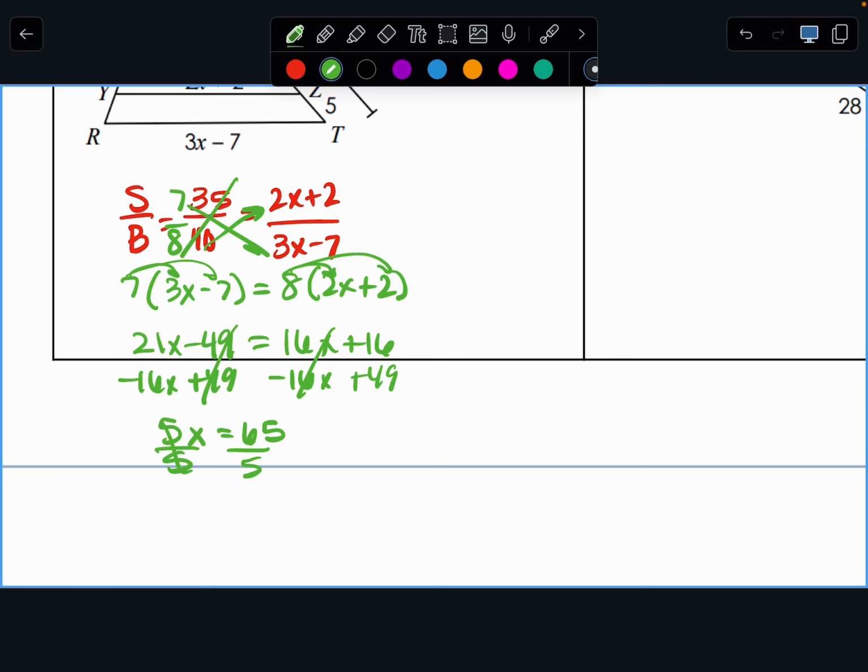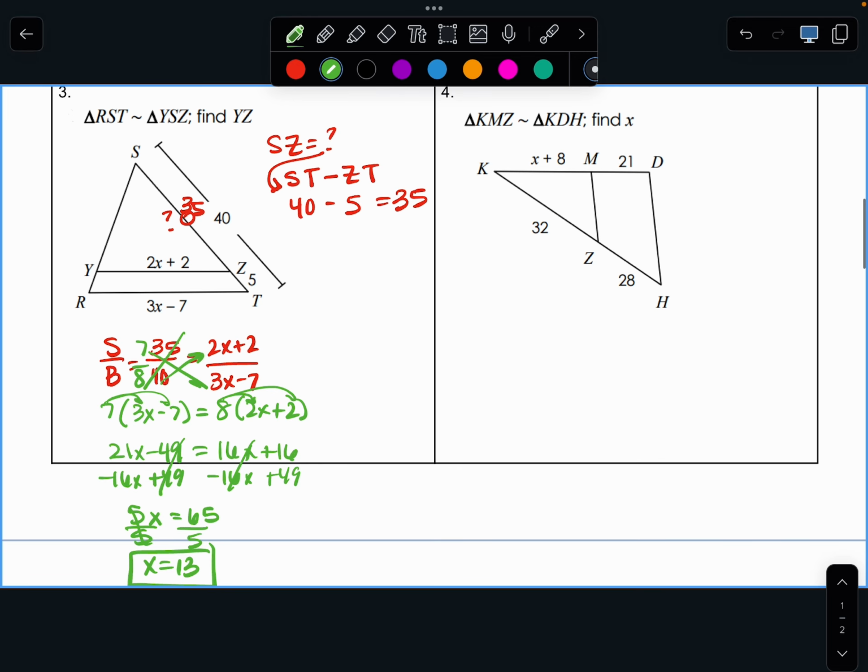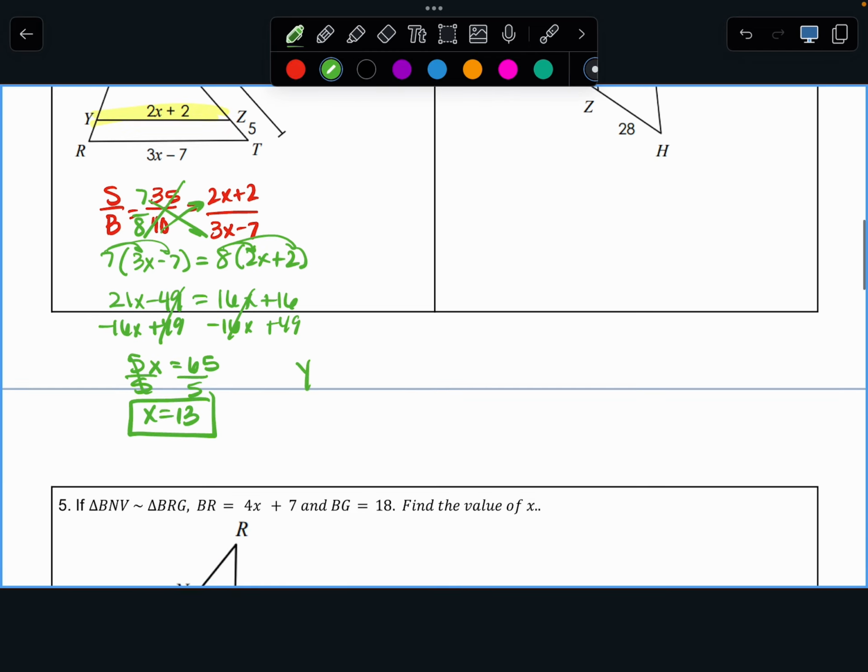Divide by 5, x is 13. Now, is that all I ask you to find? No, I ask you to find YZ. And YZ is 2x plus 2. So YZ equals 2x plus 2. That's 2 times 13 plus 2, 28.